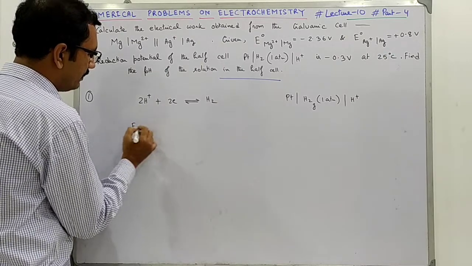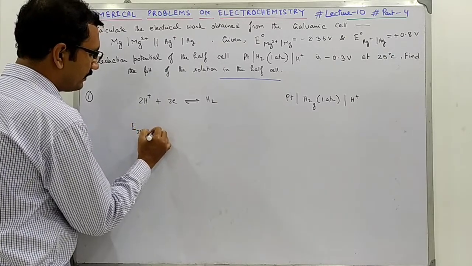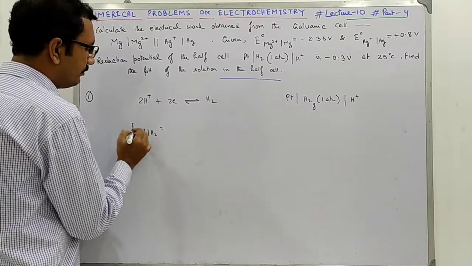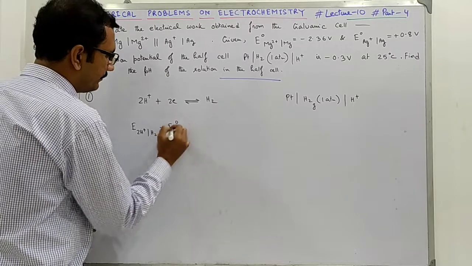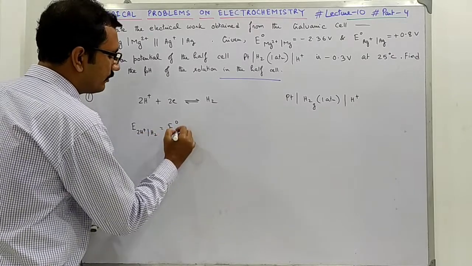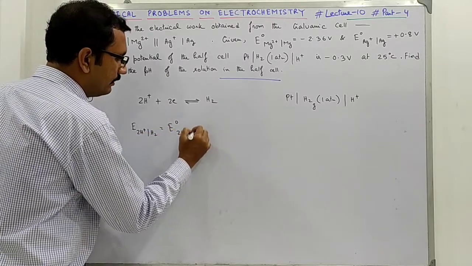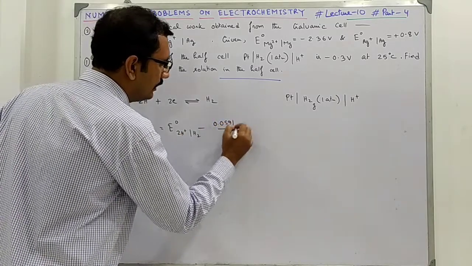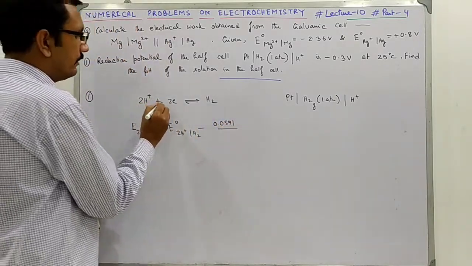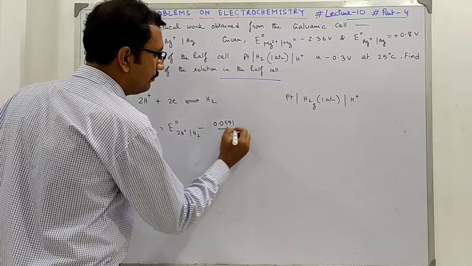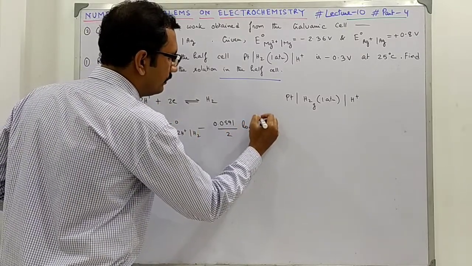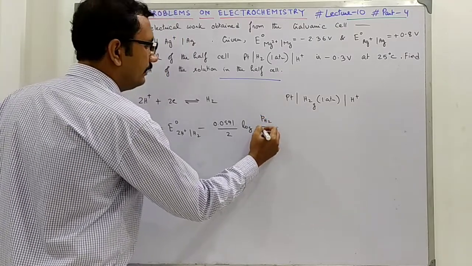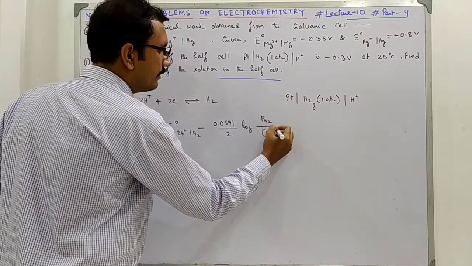Now, the Nernst equation, in reduction potential format, will be E(2H+/H2) equals E0(2H+/H2) minus 0.0591 by 2 log, pressure of hydrogen by concentration of H+ squared, where 2 is the number of electrons transferred.